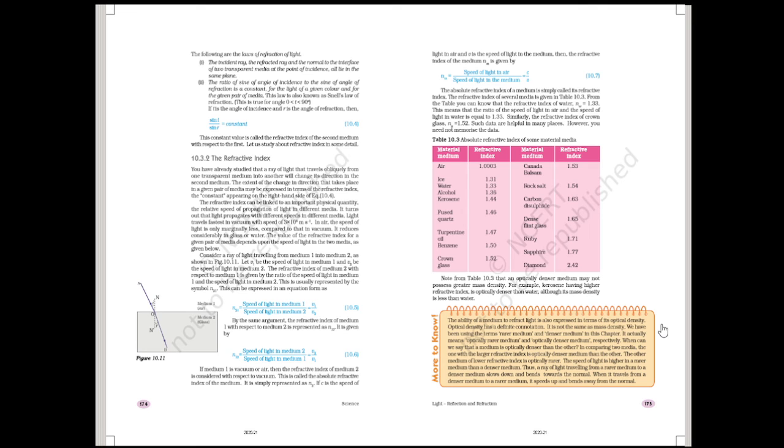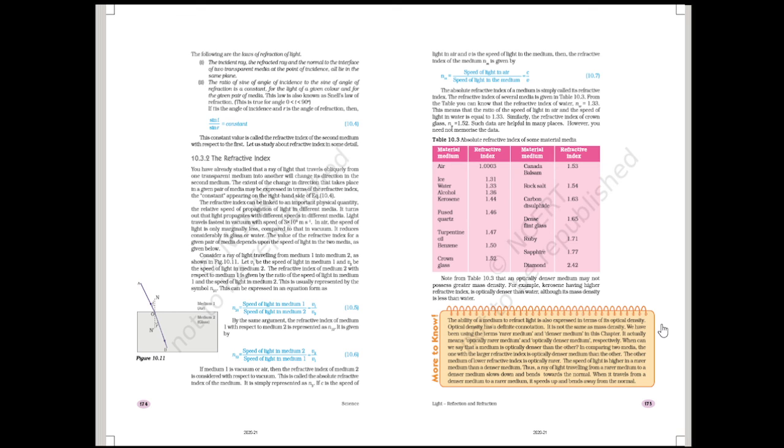Let v1 be the speed of light in air and v2 the speed of light in medium 2, that means glass. Now the refractive index of medium 2 with respect to medium 1 is given by the ratio of the speed of light in medium 1 and the speed of light in medium 2.